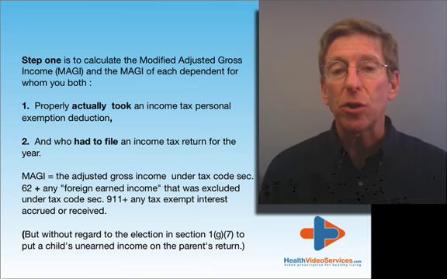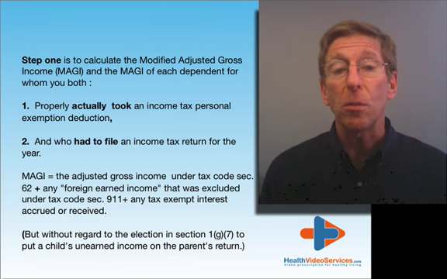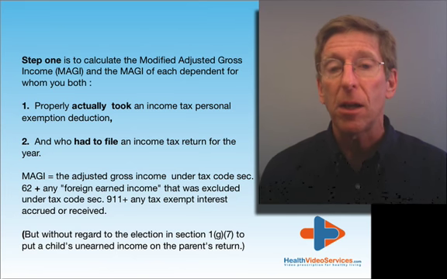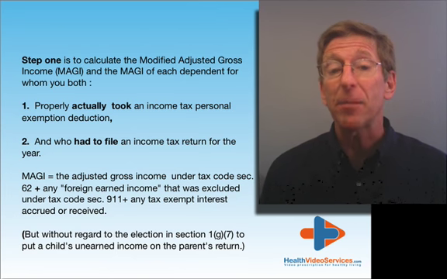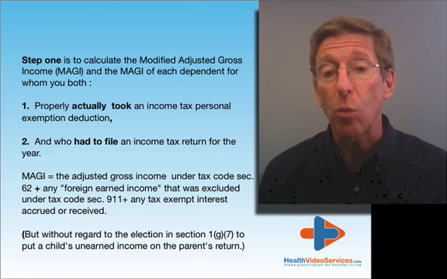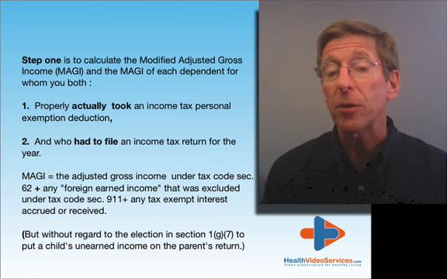MAGI is the adjusted gross income under Tax Code Section 62, plus any foreign earned income that was excluded under Tax Code 911, plus any tax-exempt interest accrued or received, but without regard to the election of Section 1(g)(7) to put a child's unearned income on the parent's return.